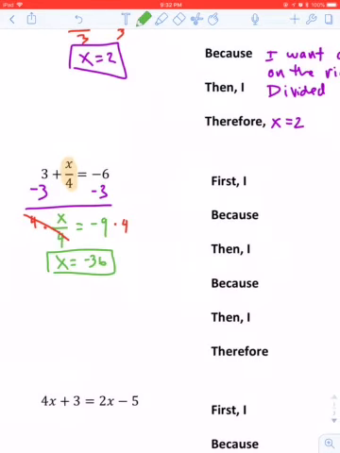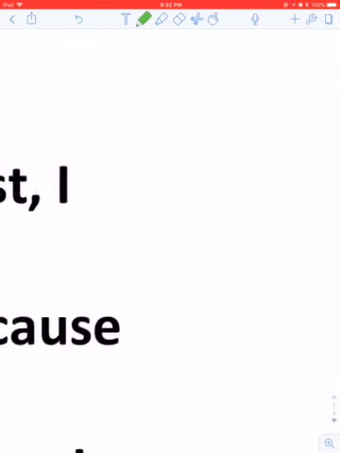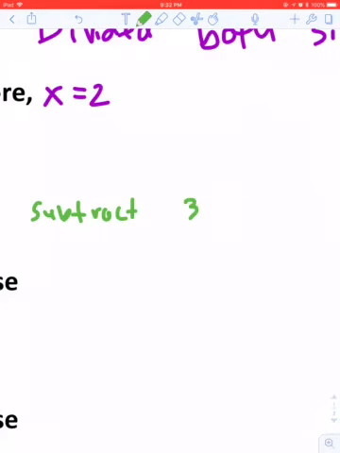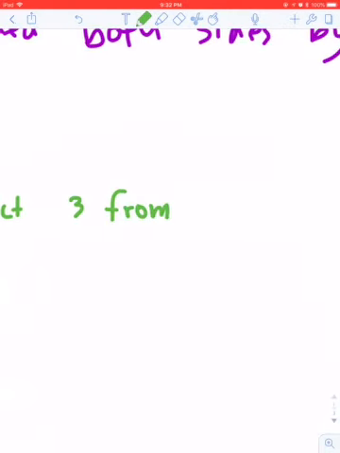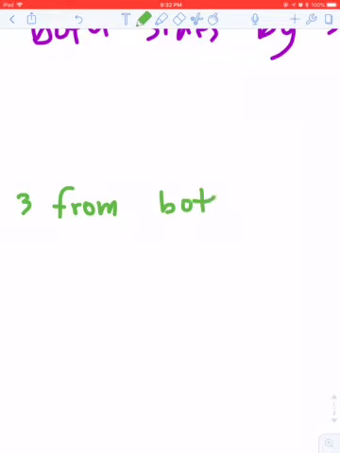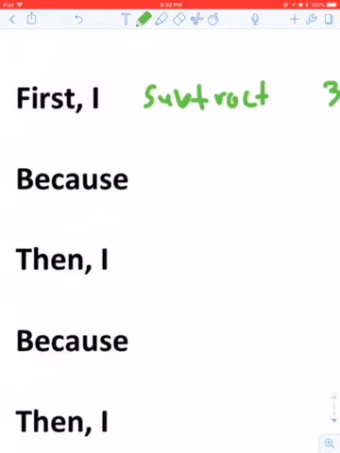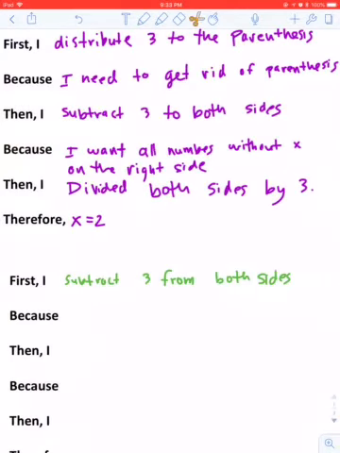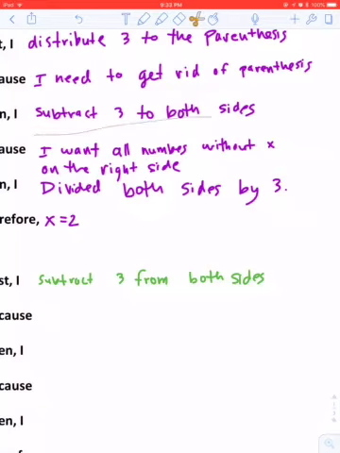So let's verbalize what I did. First, I subtract 3 from both sides. Because, and you can use the exact same reason you did up here, and I'm just going to copy and paste it. So use your scissor tool, highlight it, click and hold, I believe.